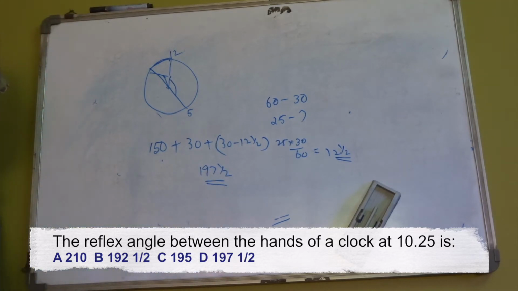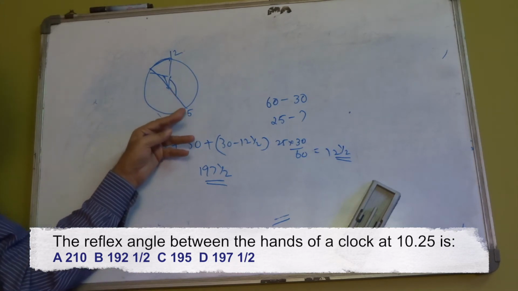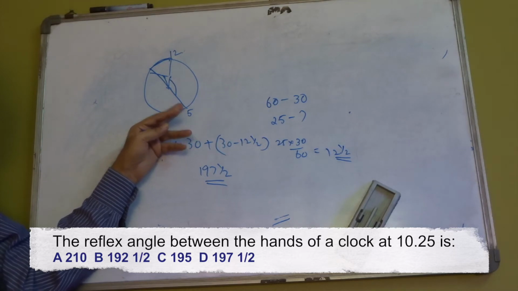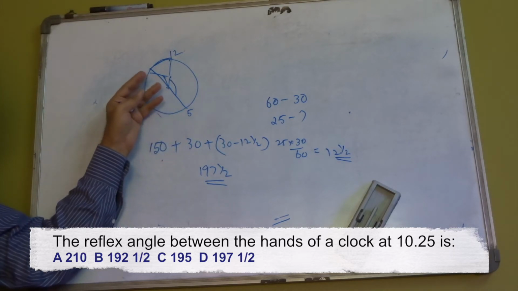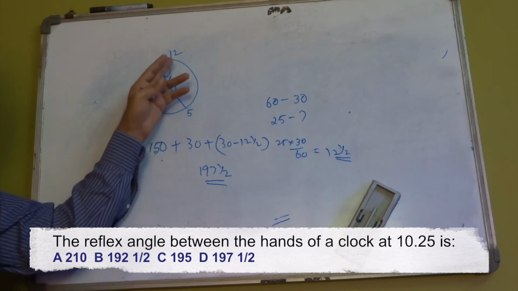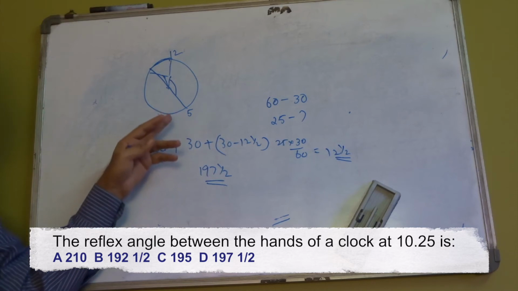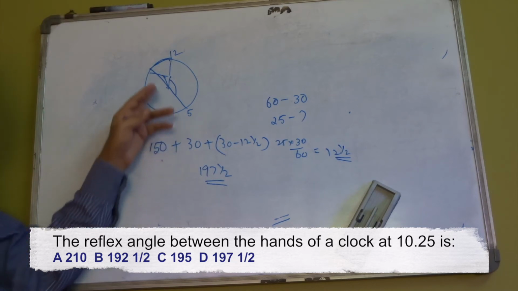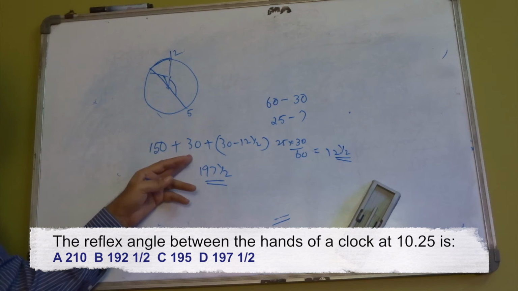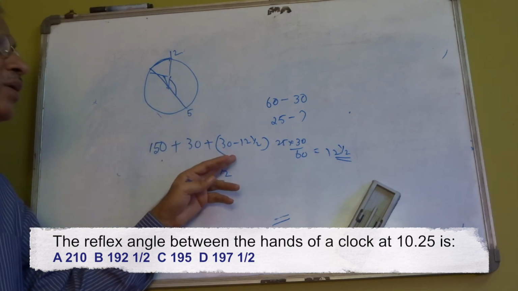Let us try to understand once again. At 10:25, the minute hand is at 5 and the hour hand has just crossed 10. It is between 10 and 11. Now the angle between 12 and 5 is 150 because 5 into 30. Between 11 and 12, 30. Now between 10 and 11, it is not at 10, it has moved.